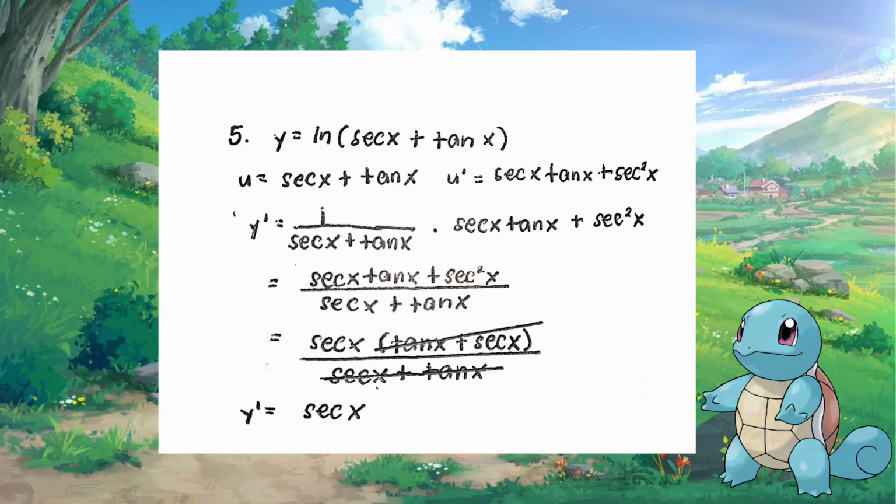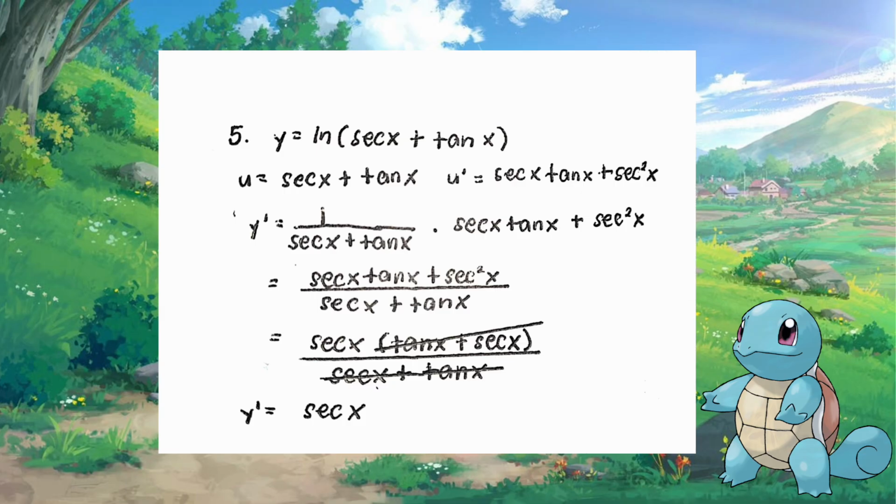So we are going to have 1 over secant x plus tangent x multiplied by secant x tangent x plus secant squared x. So when we combine it, we'll have secant x tangent x plus secant squared x over secant x plus tangent x.